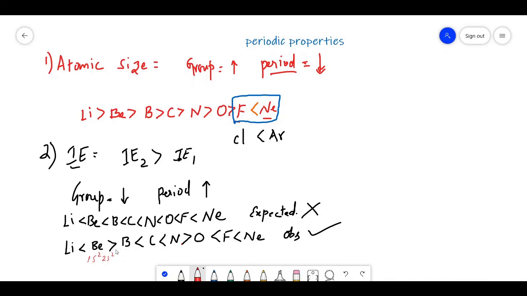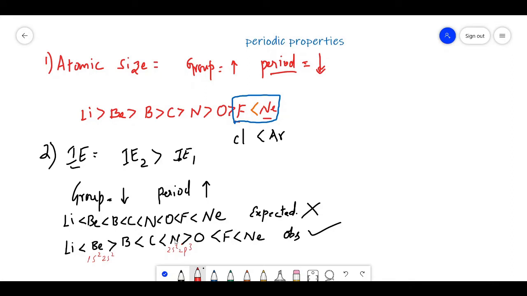In the same way, coming to nitrogen, the valence configuration is 1s2, 2s2, 2p3. Here the 3 means the p orbital is half filled. Again, half filled is also more stable, so it does not lose electrons easily.